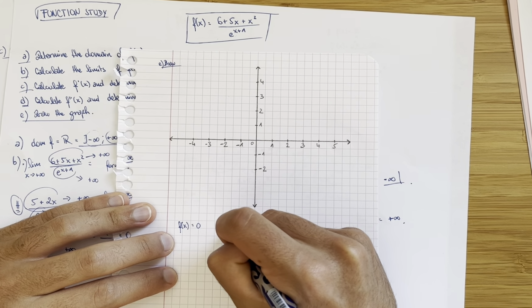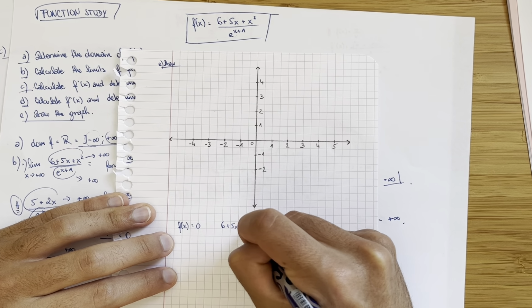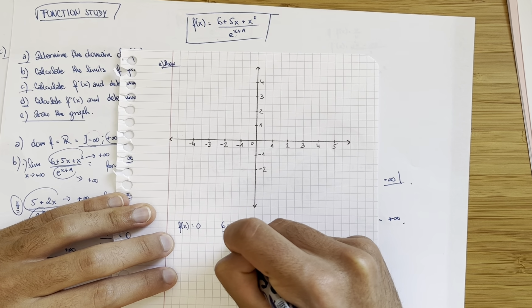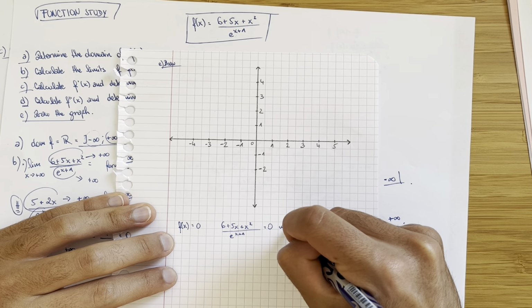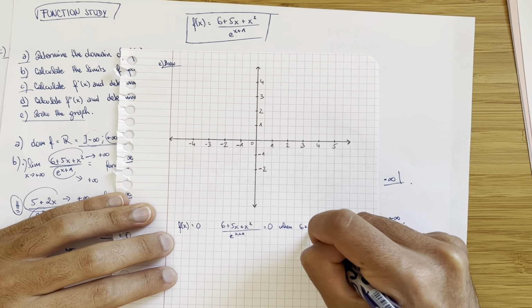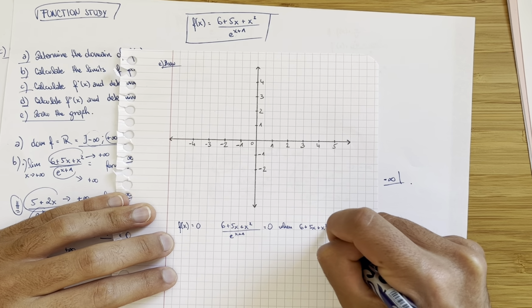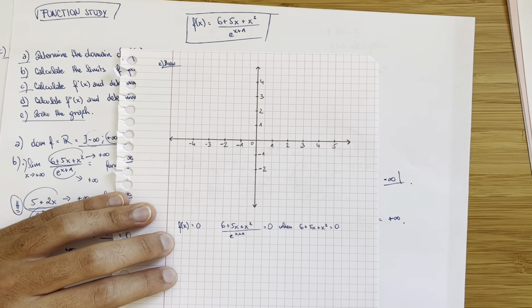So (6 + 5x + x²) divided by e^(2x+1) is equal to 0 when 6 + 5x + x² is equal to 0. Logical.